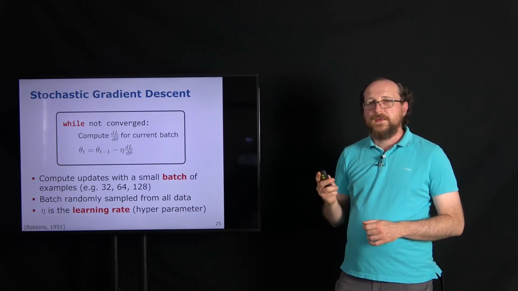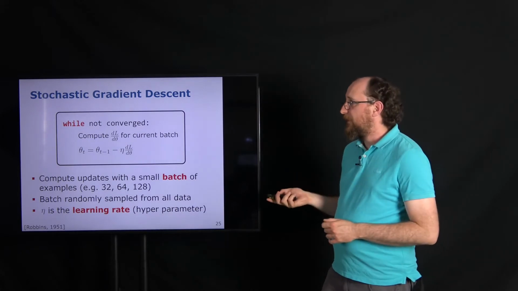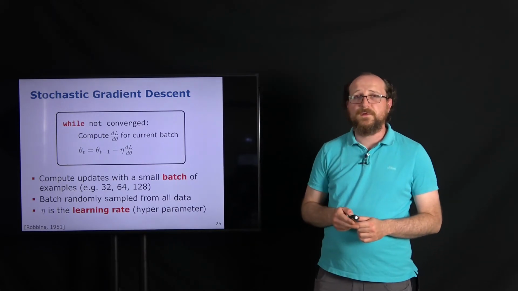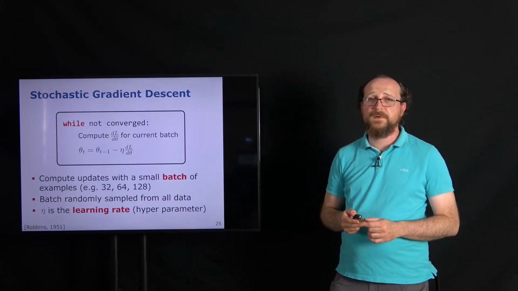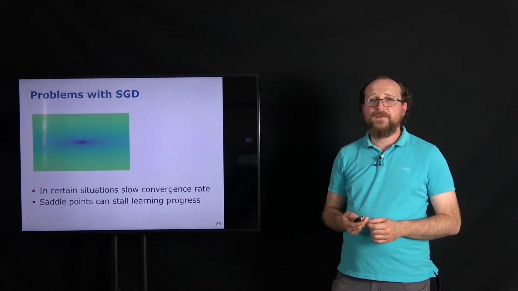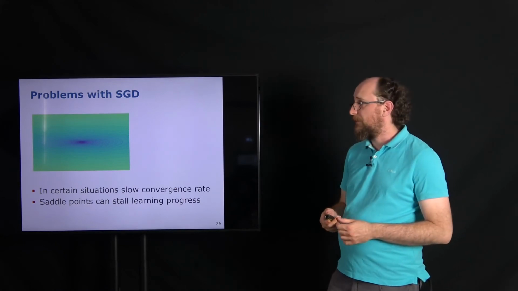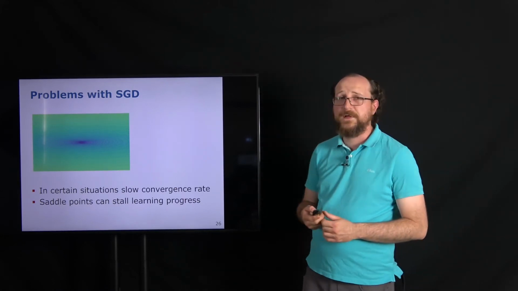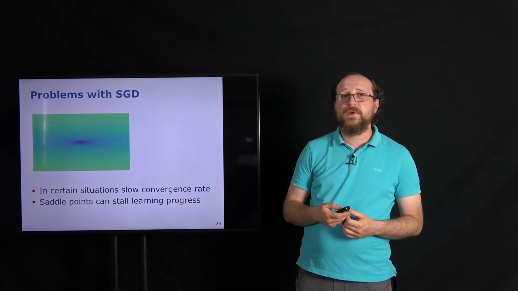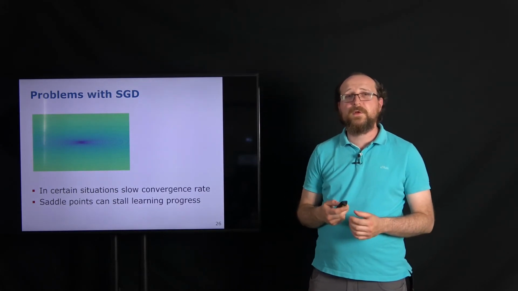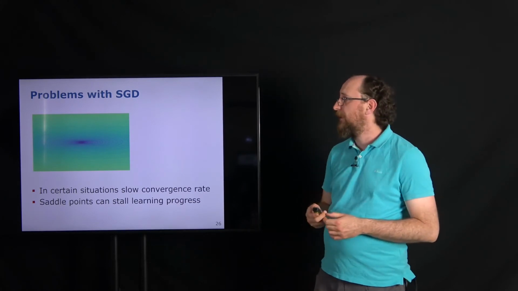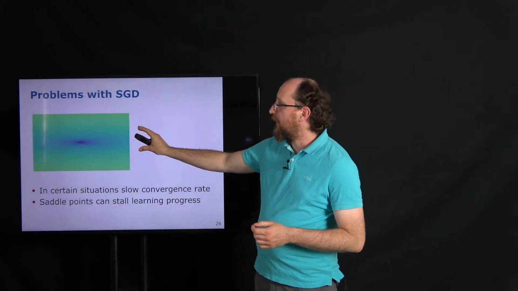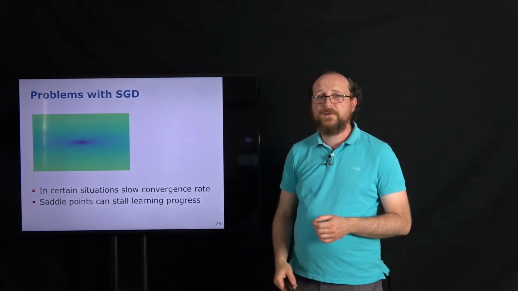So, with stochastic gradient descent, we can already achieve a lot. We can optimize our parameters, and we can do this in a fast way. But with stochastic gradient descent, because of the inaccurate gradient directions, but also in certain situations, we are maybe not making as much progress as we would like. In this case, we have here a very narrow cost function.